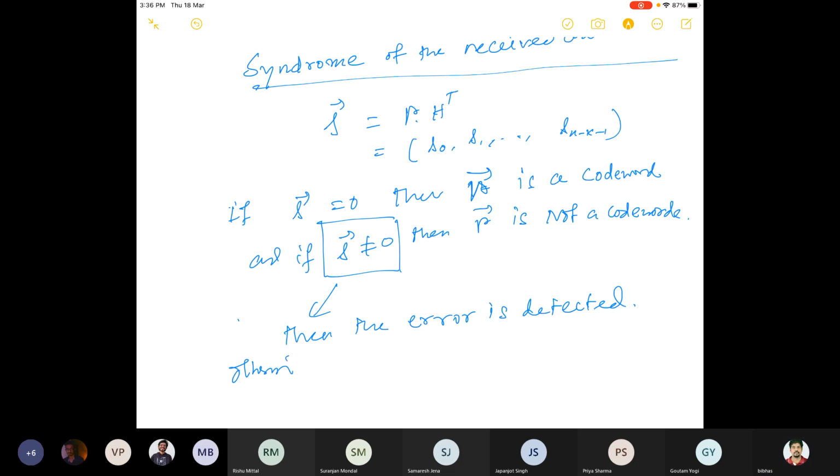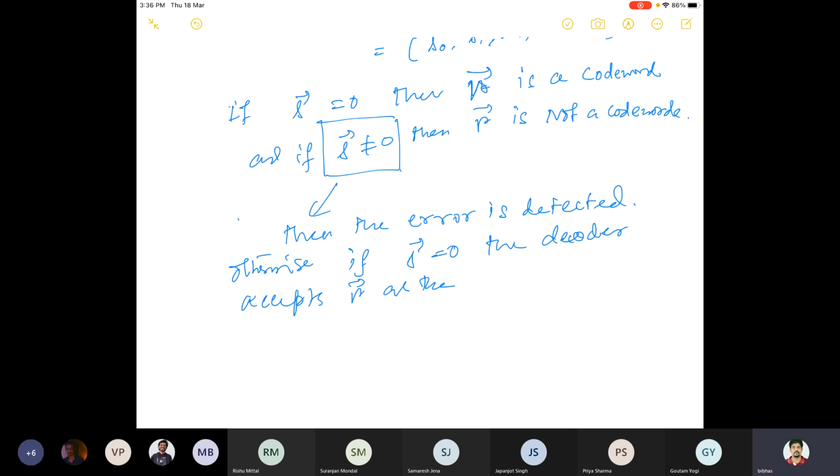Otherwise, if S equal to 0, the decoder accepts R as the intended code word.